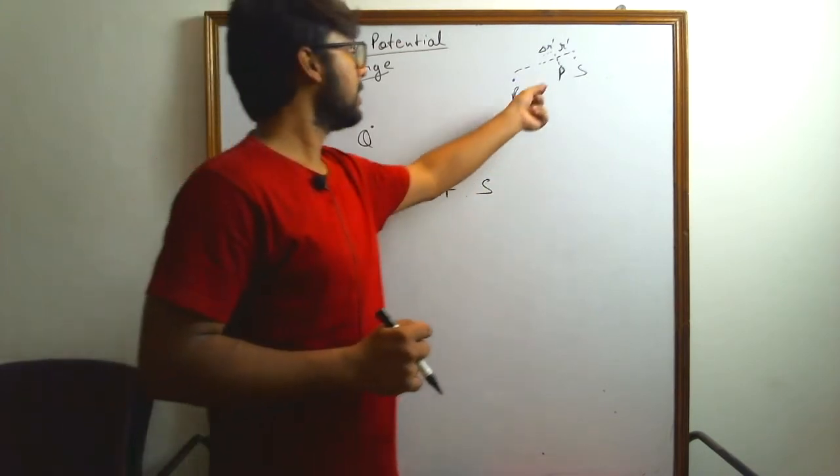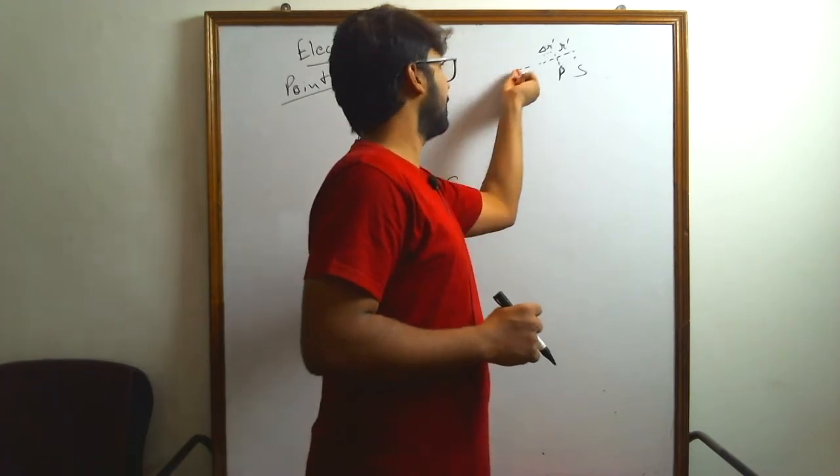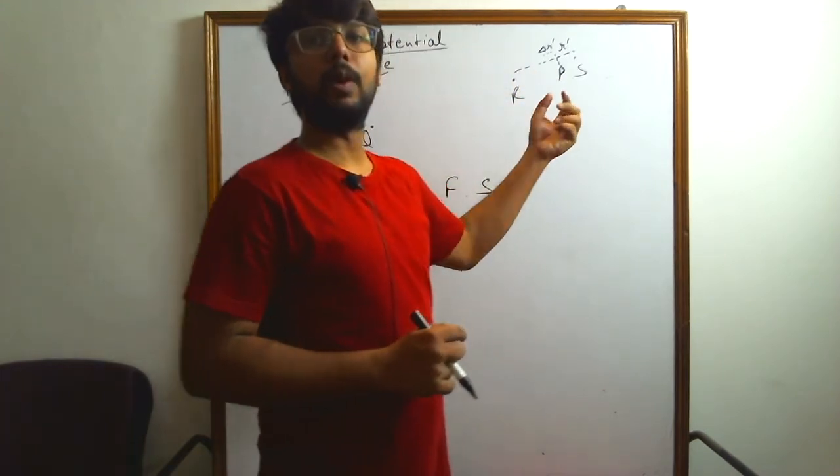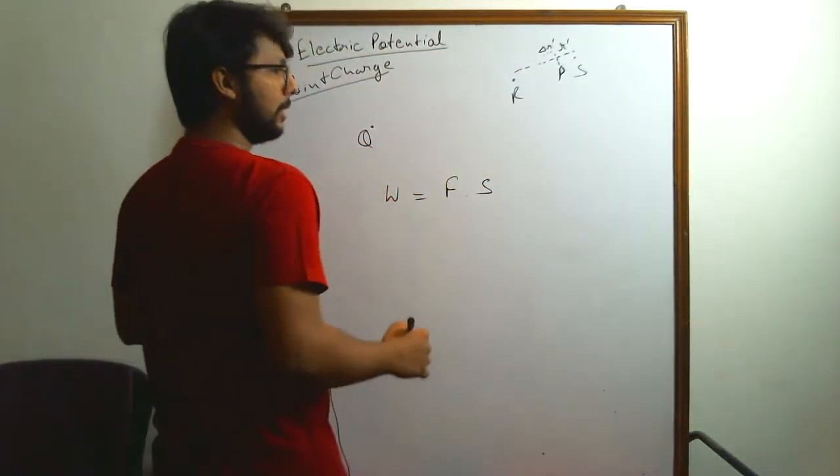Okay, that means I can pull the charge here and then bring it here and then take it back, and the amount of work that I do or the amount of potential is the same. So F dot S I can put.